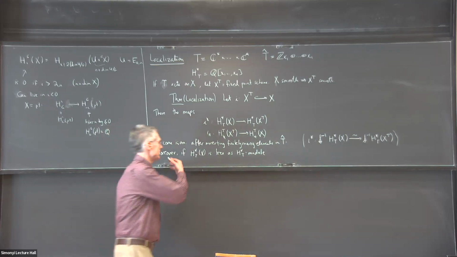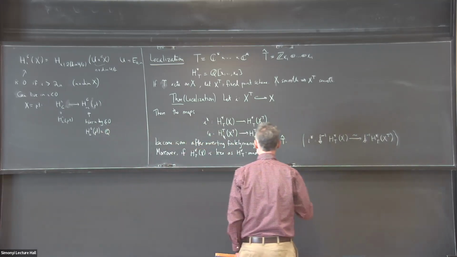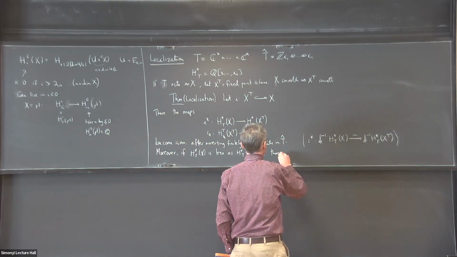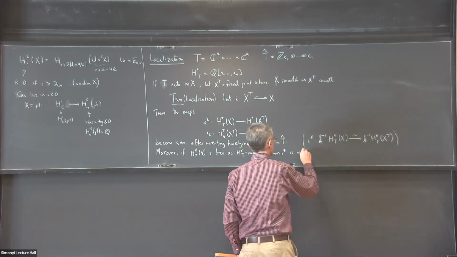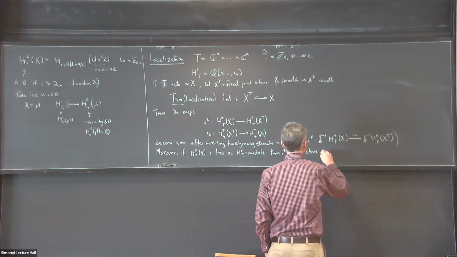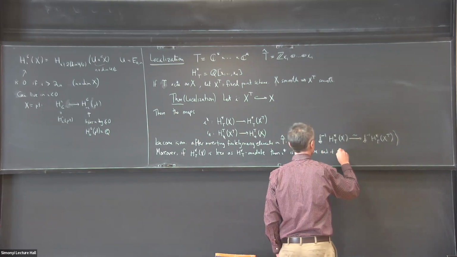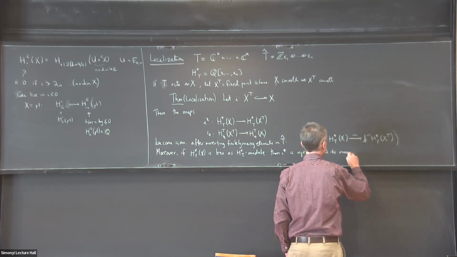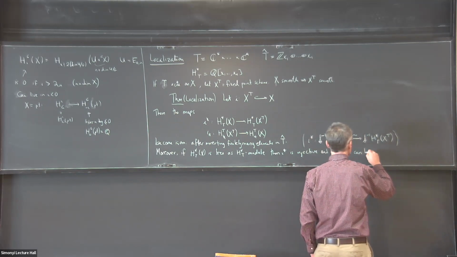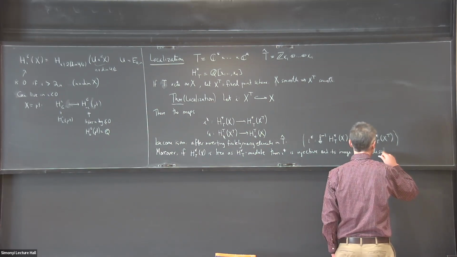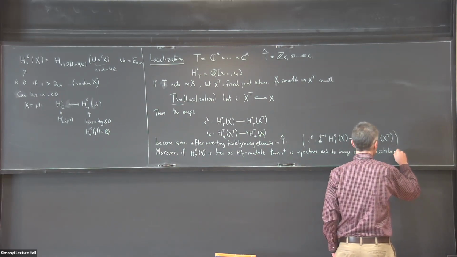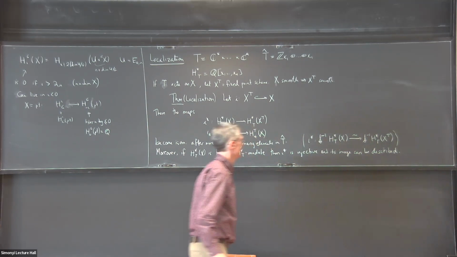So this is true in most of the cases we're interested in. Then I star is injective, and its image can be described. I'll probably say what it is later on, but I won't say it exactly this instant.